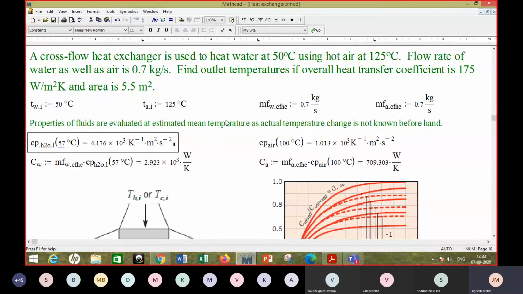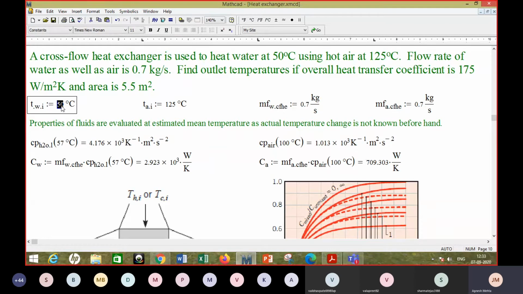That might have been done, but for you, it's not compulsory to put 57. You may do it at 50 also, because you don't know up to what temperature it will rise, or you know that it's going to increase to some extent. So maybe you take 60 or something. But as of now, I can't say that you should take this temperature or that temperature.